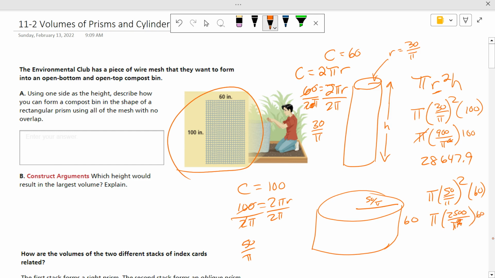Well, one of these pi's and one of these pi's cancel. So it's 2500 times 60 divided by pi. Do that now on your calculator. What do we get? Yep.